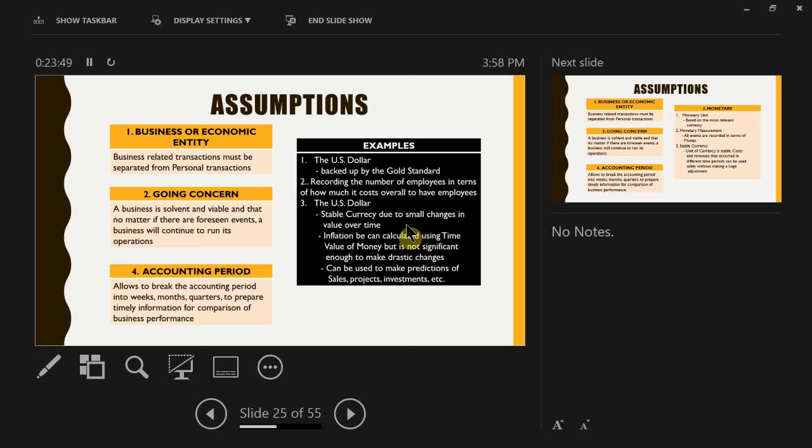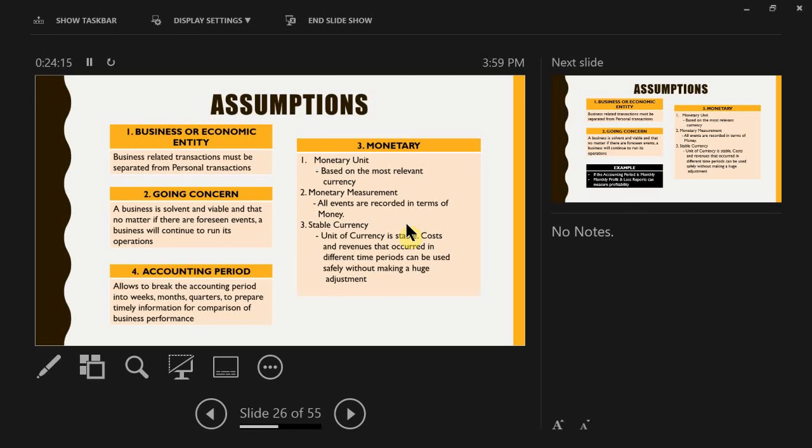So again, what this assumption is telling me is that if I were to create a project, if I predict it's $50,000 today, that means when I actually incur it and go through it, it should be roughly $50,000 in the future. That's all that little section is for stable currency.